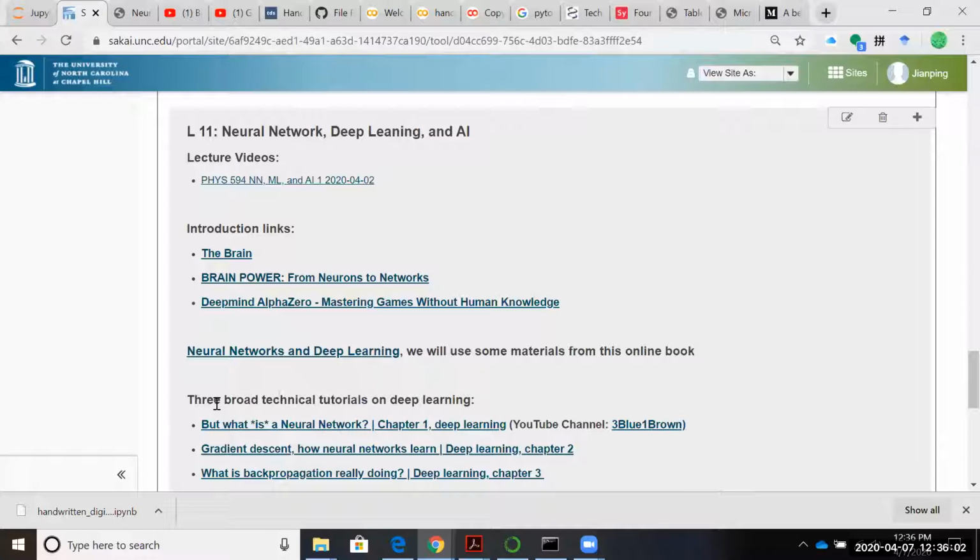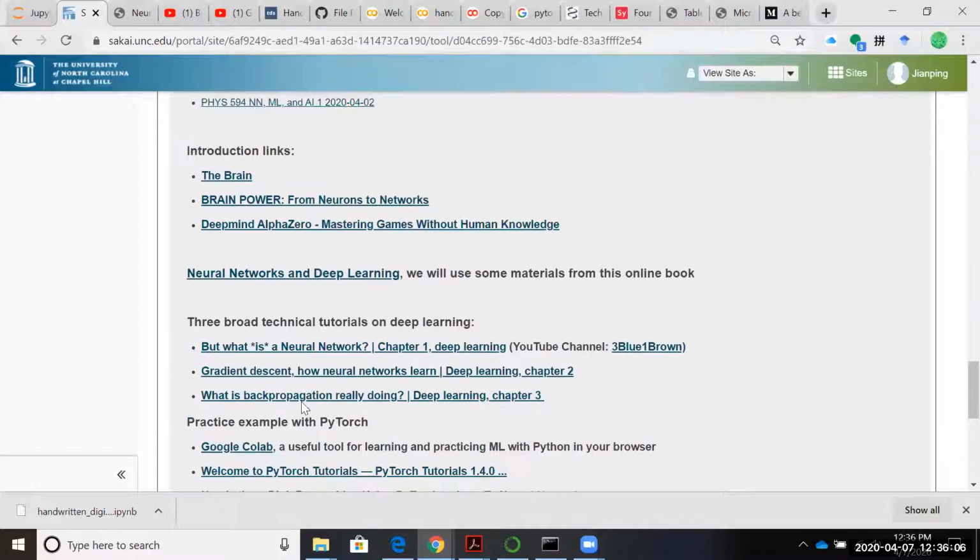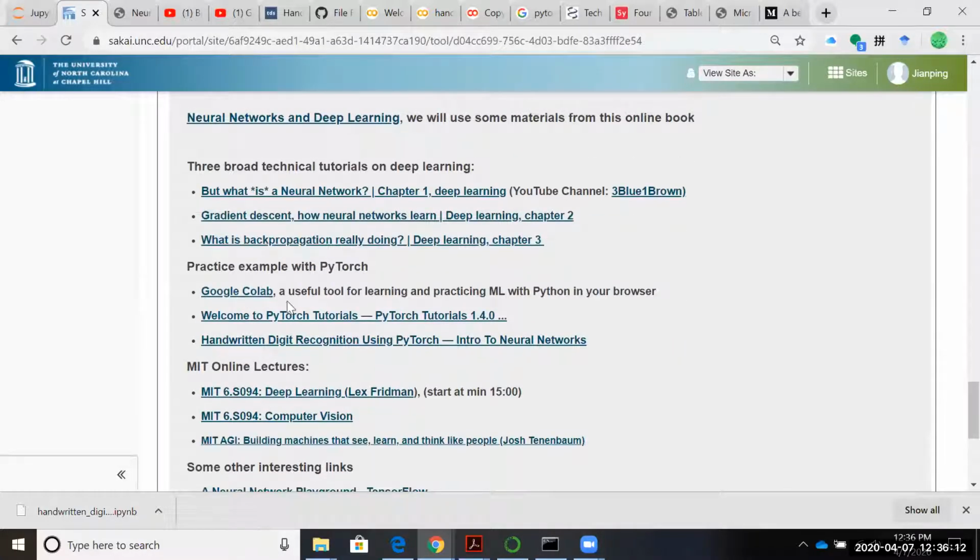And then in the next 2 or 3 lectures, we go through a practice example of image recognition of handwriting, which is a classic example of where this field really took off in recent years, about a decade ago: being able to really recognize handwriting.